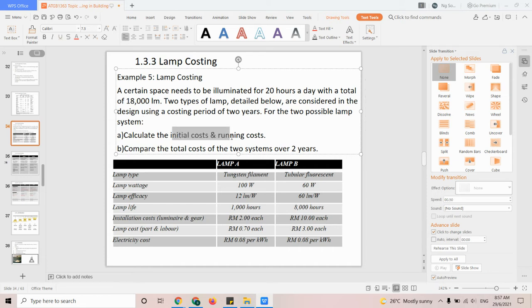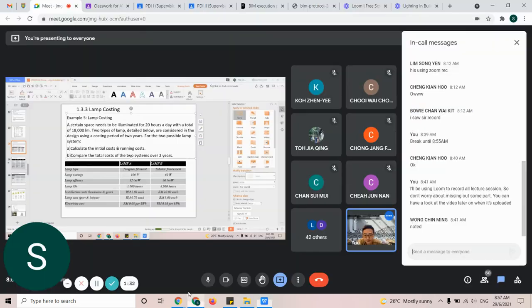In costing, we have your initial costing and your running costing, and then what is the total cost of the system over 2 years. So over 2 years, you need to find out which is cheaper to install and run. Is it the tungsten filament or is it the tubular fluorescent?